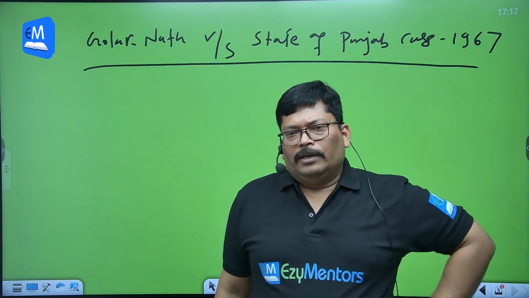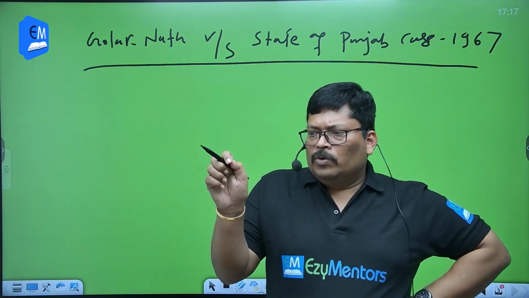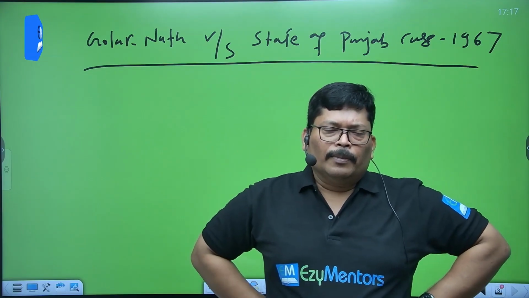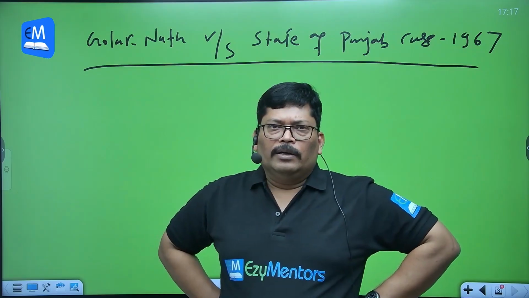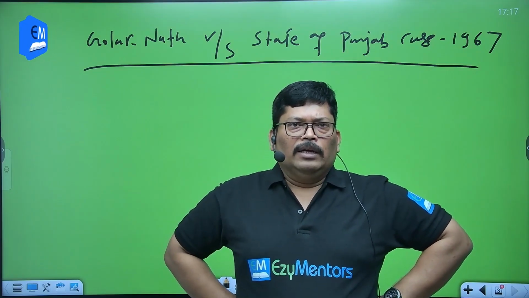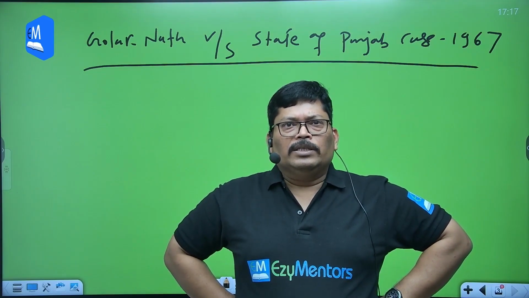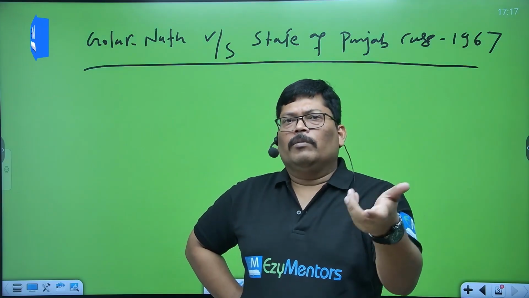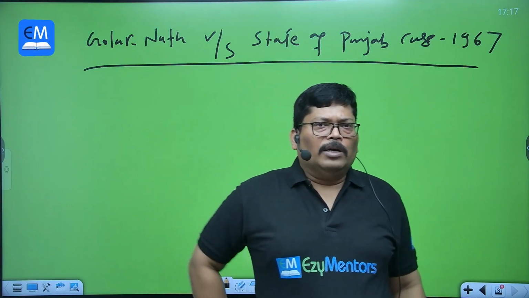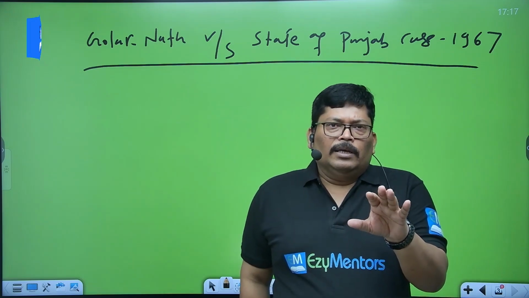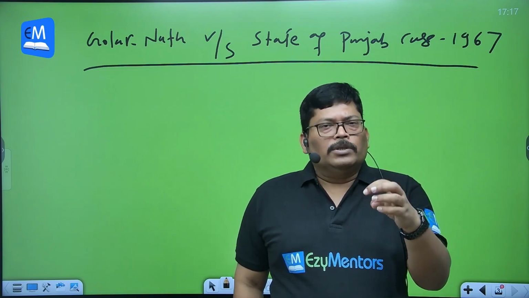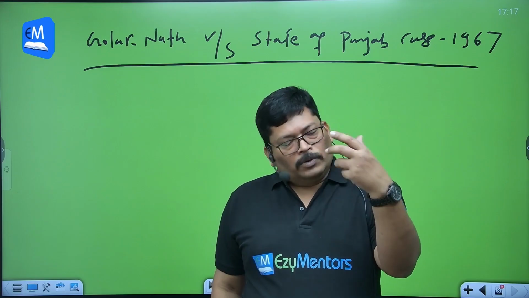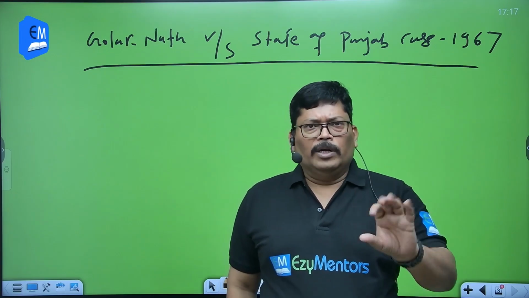The court said that when you refer to the textual representation of Article 368, you won't find any reference to the fact that Article 368 confers the power on the Parliament to amend the Constitution. No. Article 368 simply talks about the procedure to amend the Constitution, and of course, the procedure would be taking place on the floor of the Parliament only.